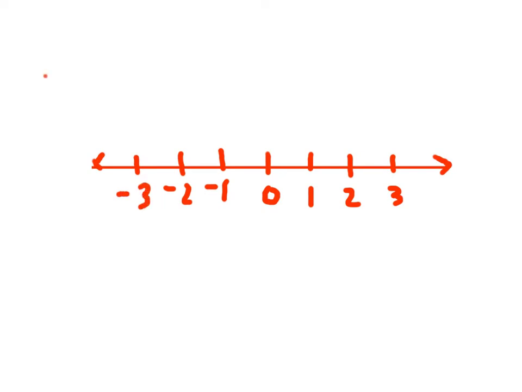We have our set of positive integers, 1, 2, 3, 4, 5, 6, 7, 8, 9, those whole numbers that are greater than 0. We have our set of negative integers, those opposites of those whole numbers, and we have 0. All of those, again, are our integers.